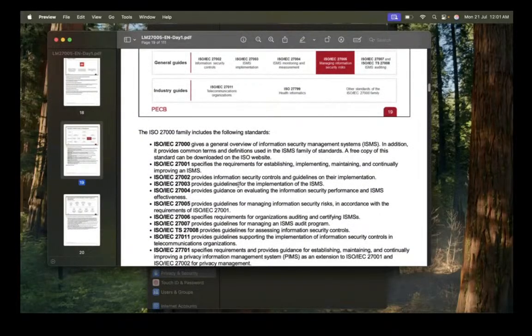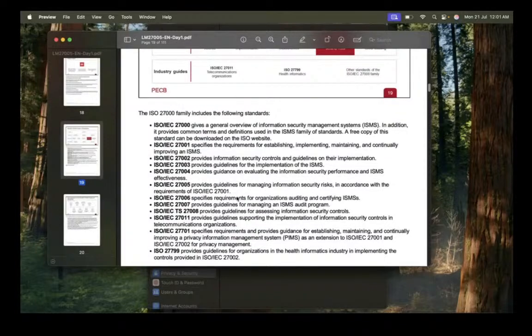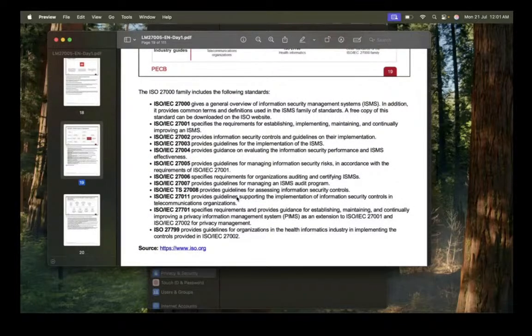Then we can discuss a little bit about what these include. As I told you, 27000 gives a general overview of ISMS. What is ISMS? ISMS is Information Security Management Systems. It provides some common terminologies and definitions.